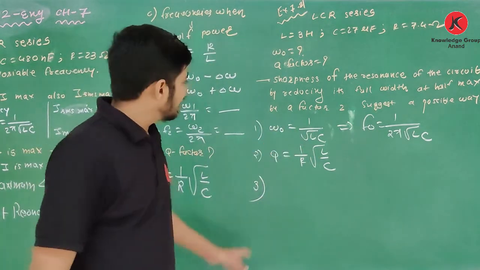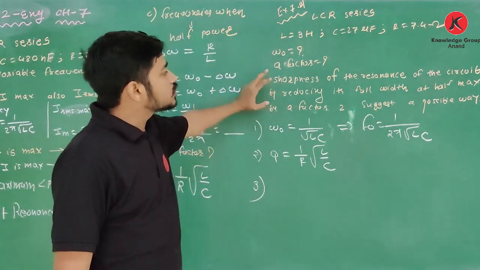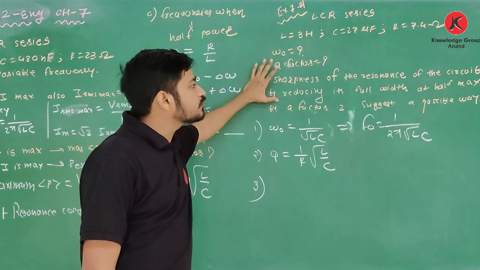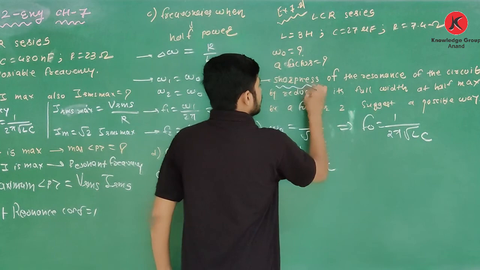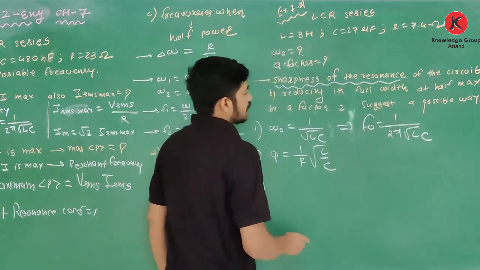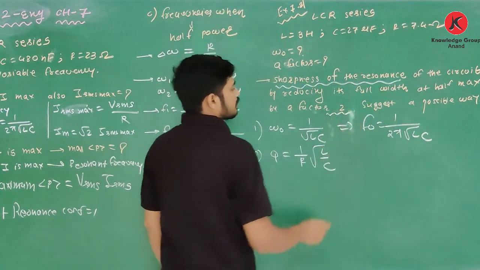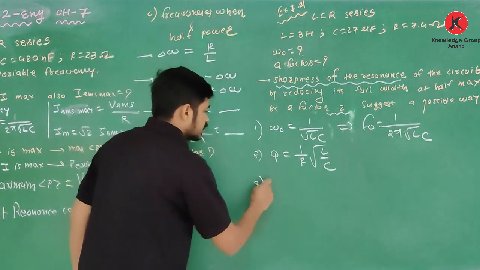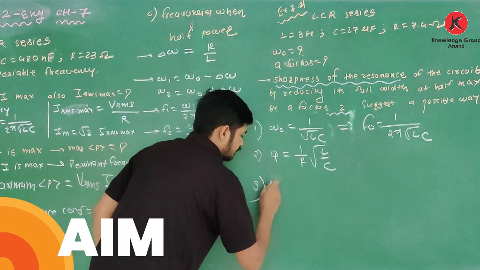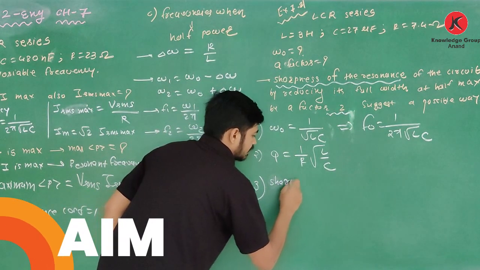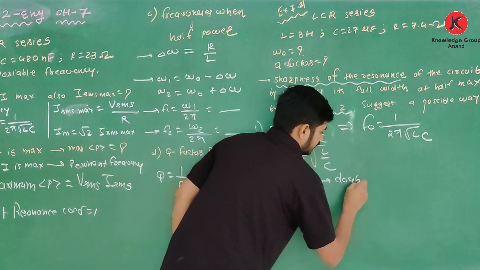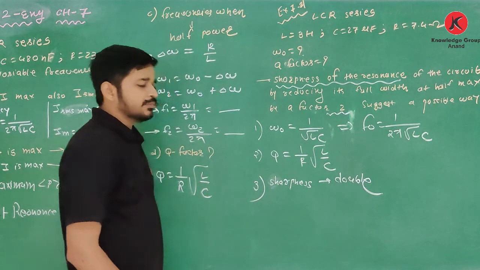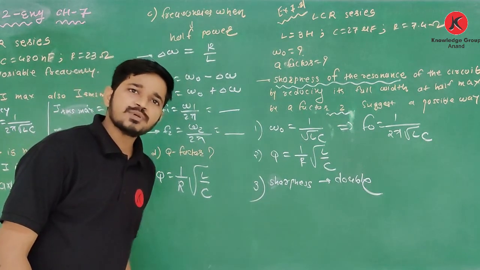Third one, easy question. Improve the sharpness of the resonance of the circuit by reducing its full width at half maximum by a factor 2. This means the sharpness of resonance you have to increase by a factor 2, we want to double it. Sharpness means nothing but Q factor.